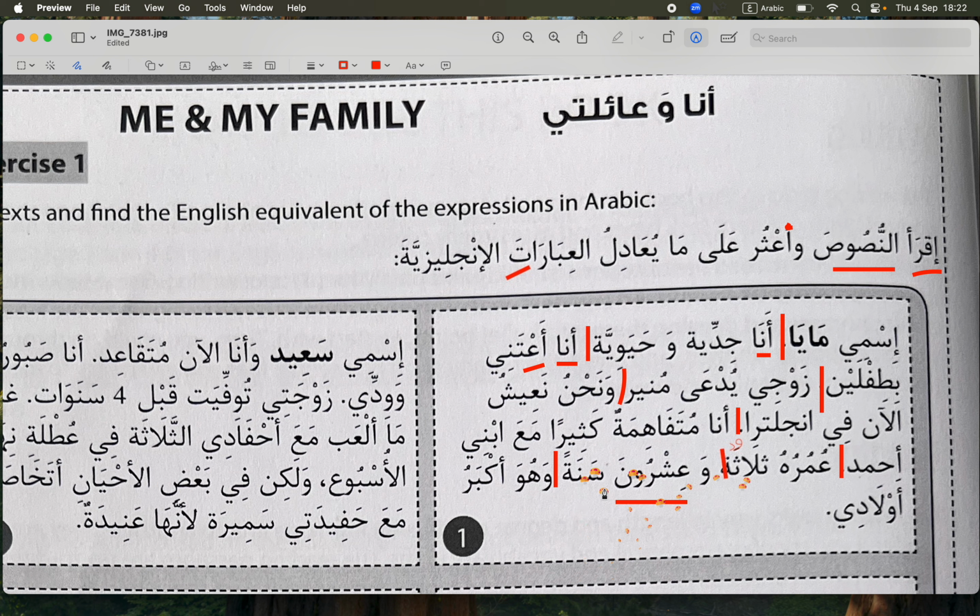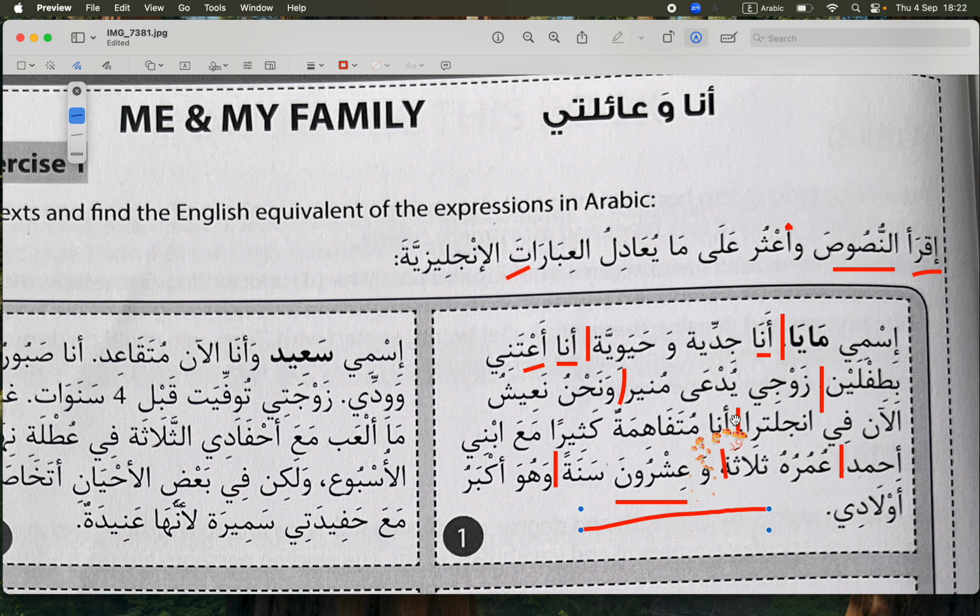However, this is related to Arabic grammar. It's not so important to understand all of it at this stage. But ثلاث وعشرون سنة, if I was to do a literal translation, 3 and 20 year.